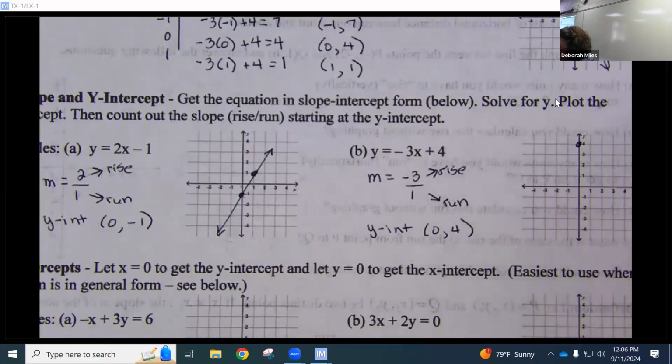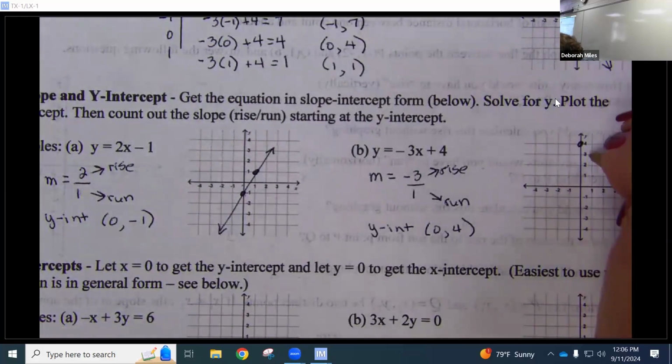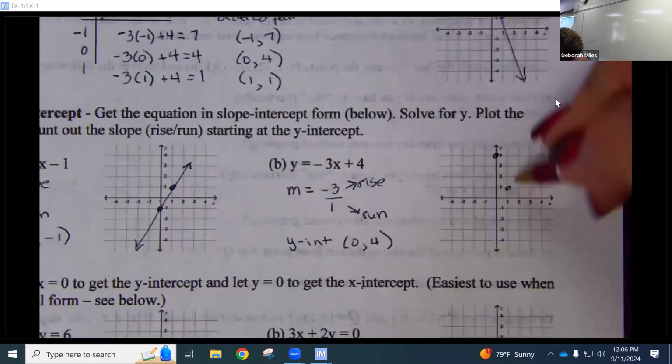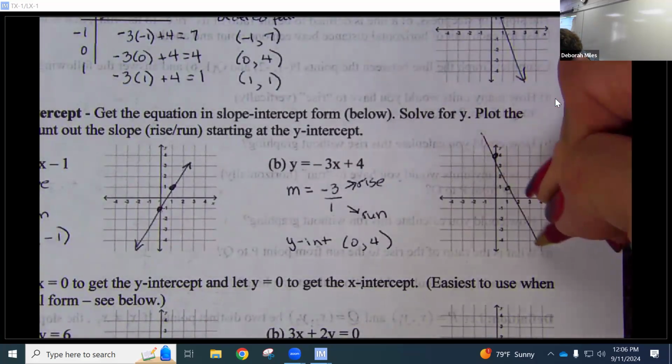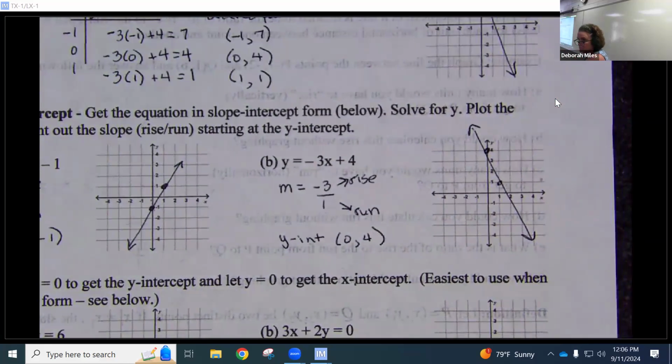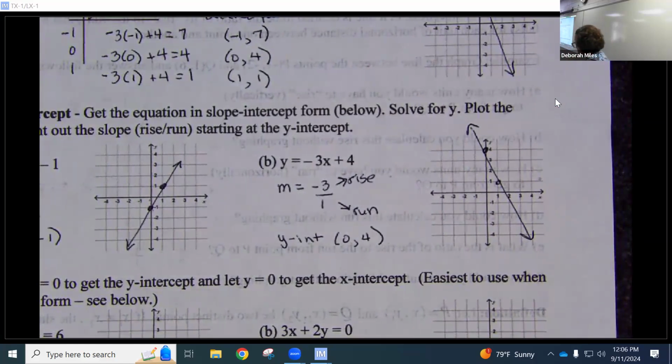I know that can't be correct. Make it go down 3 to the right 1, and I have the same line I got by making a table, but much faster. Any questions? All right.